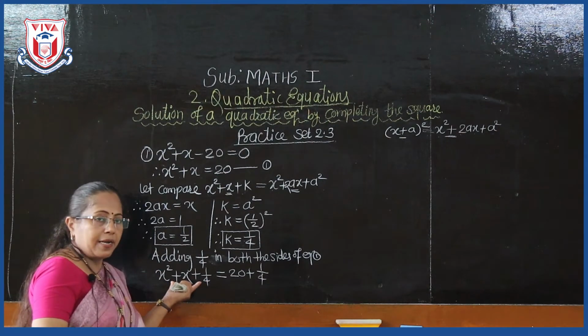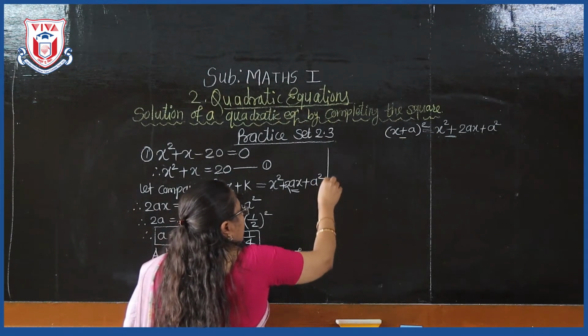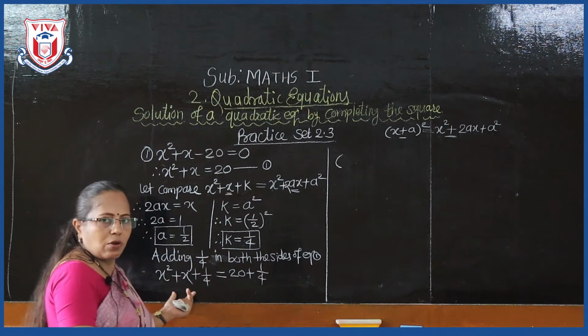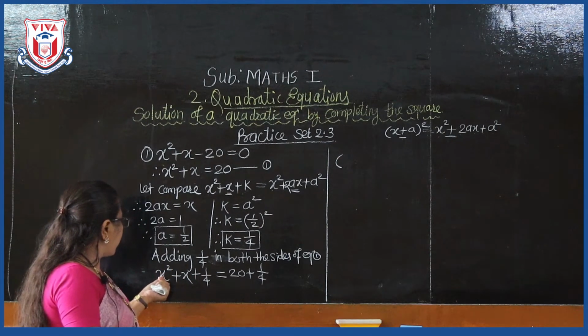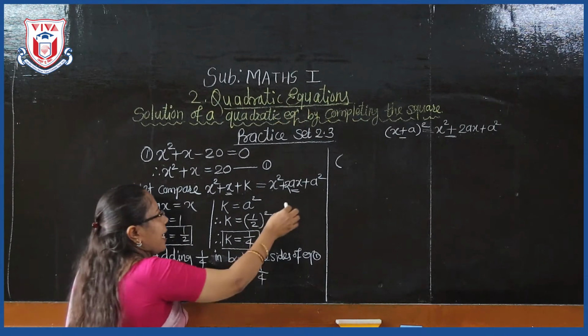Now we have to find out this is the expansion of which bracket. So this is the expansion of a binomial. To get that binomial, first we have to take the square root of this first term. X square, its square root is x.